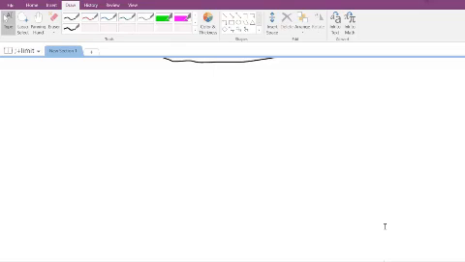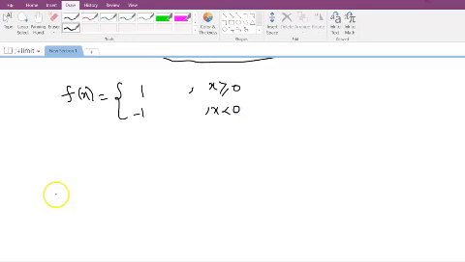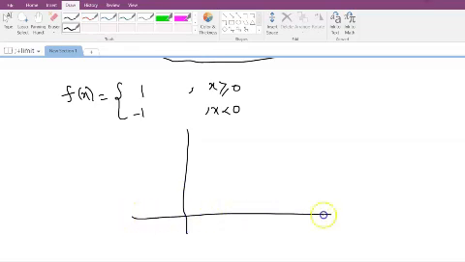Now suppose you have a function like this. f(x) is 1 if x is greater than or equal to 0, and it is minus 1 if your x is less than 0. Okay, so let's see the graph of this function. Let's make it over here. When your x is greater than 0, so this is 0, to the right side of the x, whenever x is greater than 0, the value of f(x) is 1.